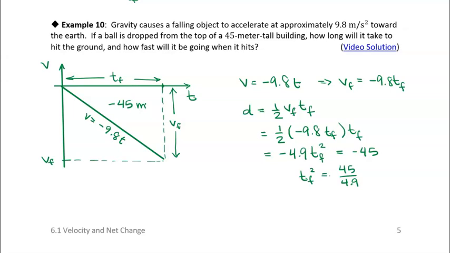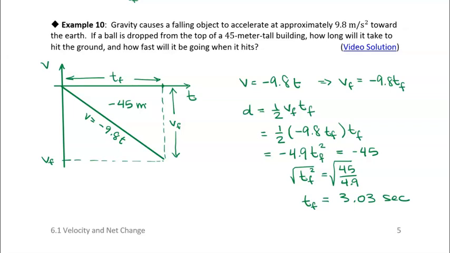And then I'm just going to take the square root of both sides, and we get T final is equal to, what did I get? 3.03 seconds. All right, so that answers one of the questions. How long will it take to hit the ground? That takes a little over 3 seconds for it to hit the ground.